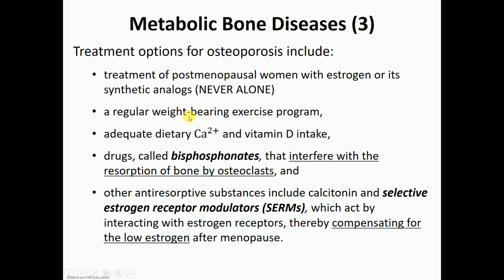A regular weight-bearing exercise program helps in prevention as well. Weight-bearing does not mean that you want them to carry weights. Weight-bearing exercise means that you want them to use their body weight while they're exercising. So, for example, swimming is not a weight-bearing exercise. Swimming eliminates the weight of the body during motion.